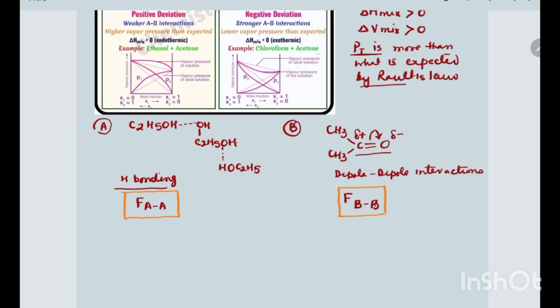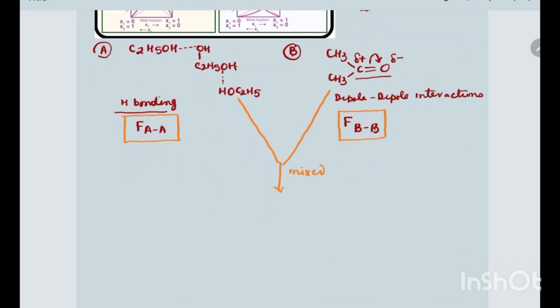Now it has been seen that when these two components, A and B, are mixed, the force of attraction between A and B, ethyl alcohol and acetone, of course is there, but this interaction is quite weak.